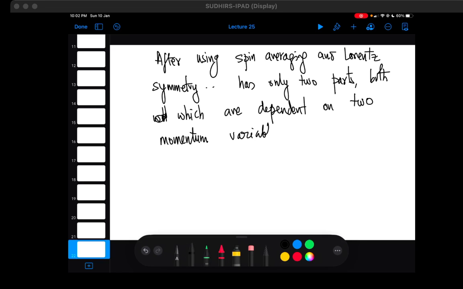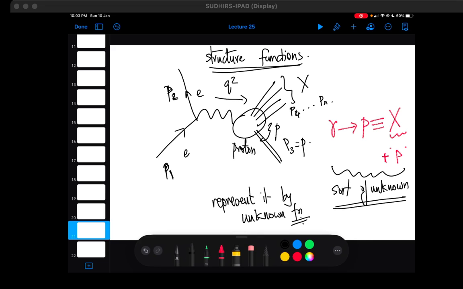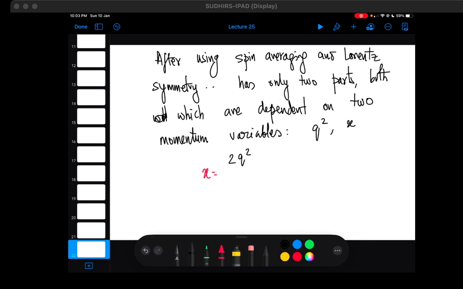What is this Q square? Q square is the energy scale, the same q square as before, small q square, and the small x is defined as 2 q square by p dot q.